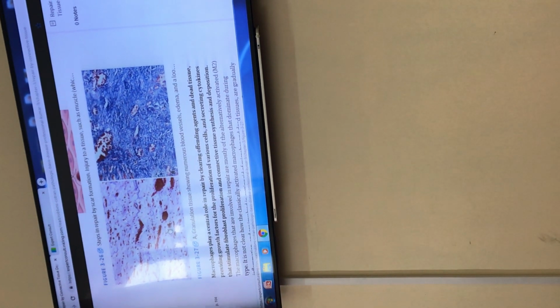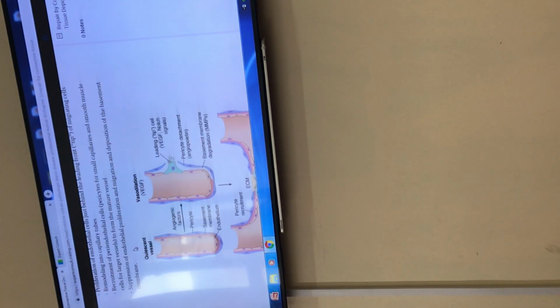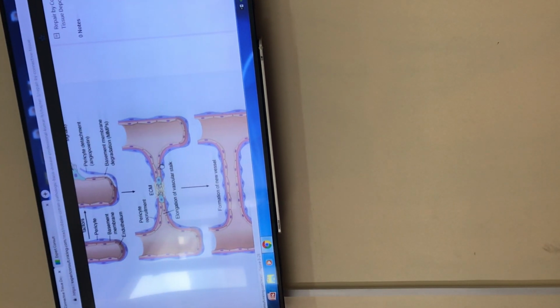Since fluid, water, any liquid cannot be stained in hematoxylin and eosin staining in histology, the empty spaces mean presence of fluid, presence of edema. So this is an edematous connective tissue containing many new blood vessels. It's called granulation tissue. And angiogenesis, as I told you, is that a new blood vessel is formed.